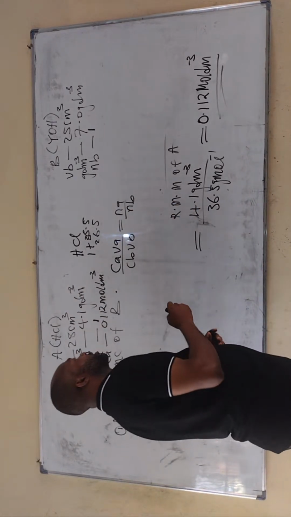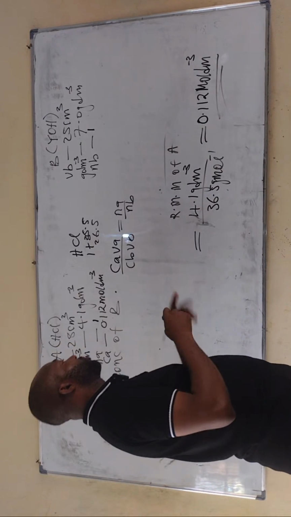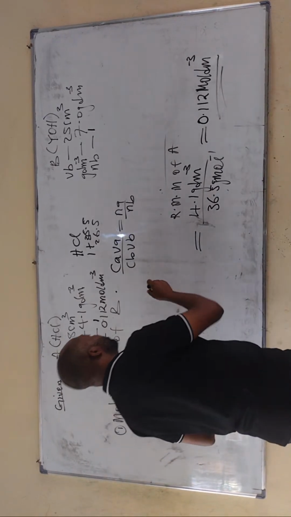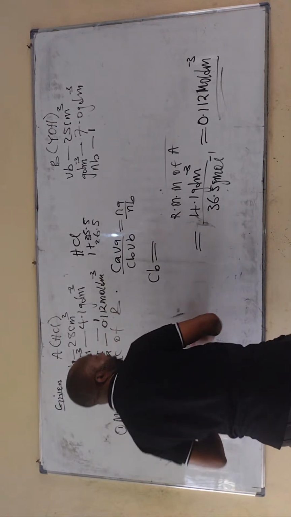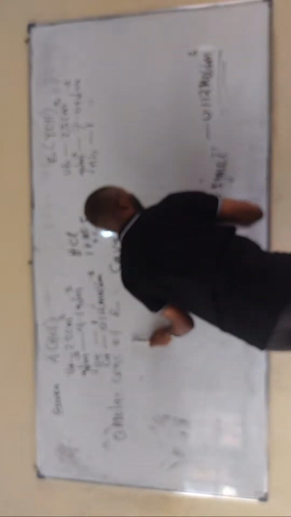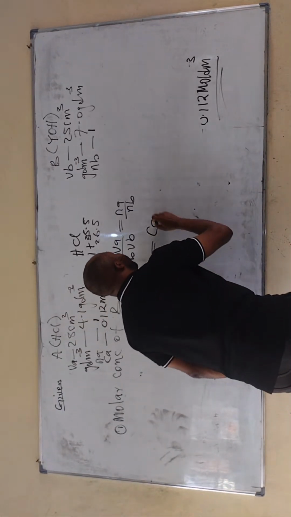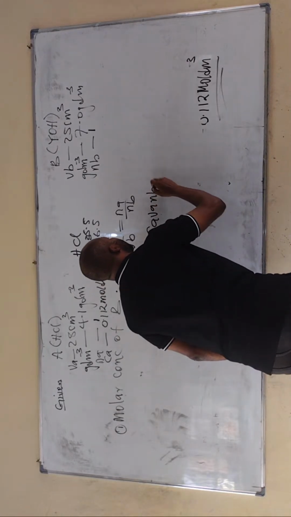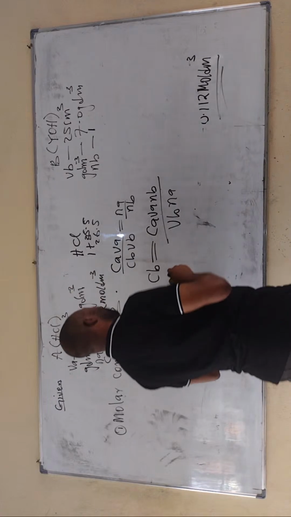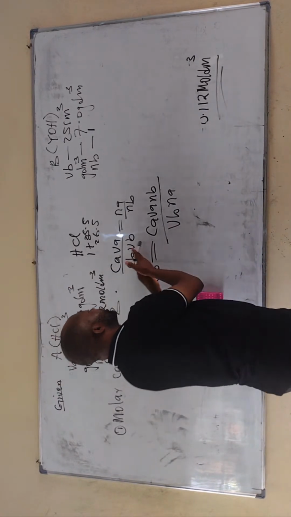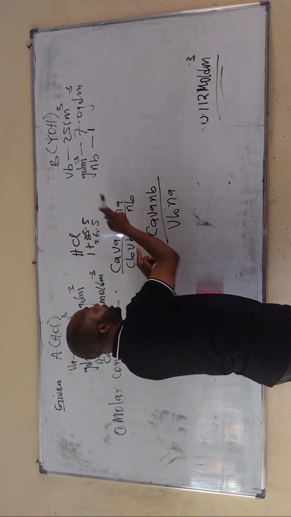Since I'm looking for the concentration of the base, I have to make CB the subject of the formula. So CB will be CAVANB over VBNA. By cross multiplication, I divide both sides by VBNA.